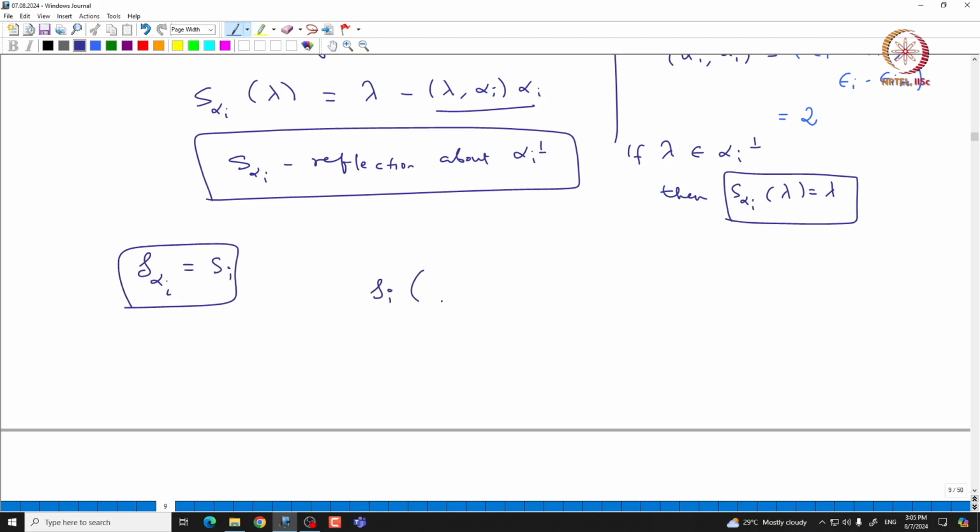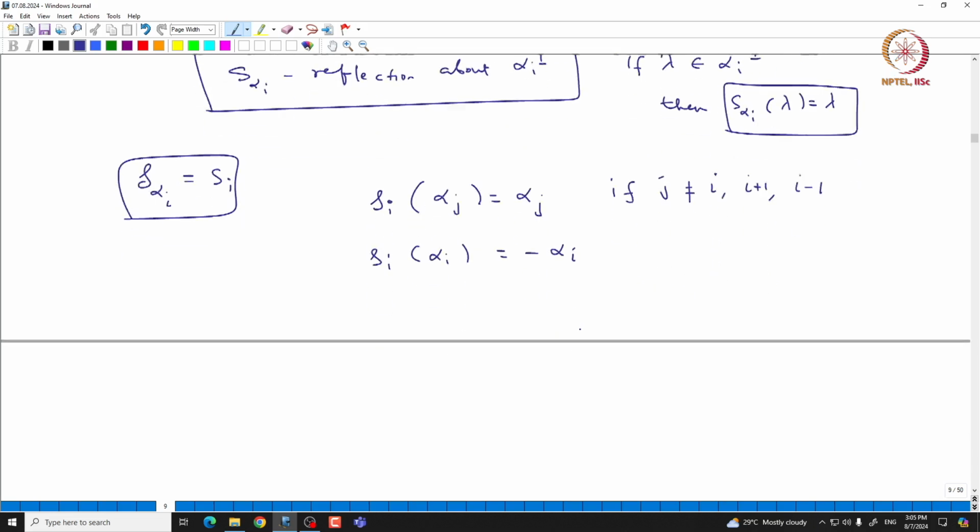Then S_i of alpha j is going to be alpha j if j is different from i plus 1 and i minus 1. So, that is for sure, and S_i of alpha_i we already know is minus alpha_i.